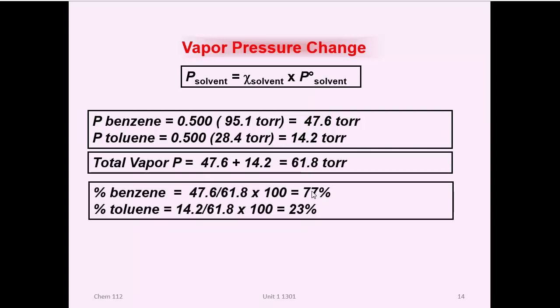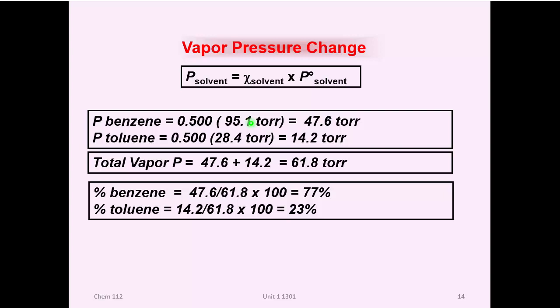So if I took the new percentages in the headspace, it would be the partial pressure of benzene divided by the total, and the partial pressure of toluene divided by the total. And so in the headspace, it's no longer 50-50, but it's 77-23. And look which got the larger percentage, the one that has the higher vapor pressure.